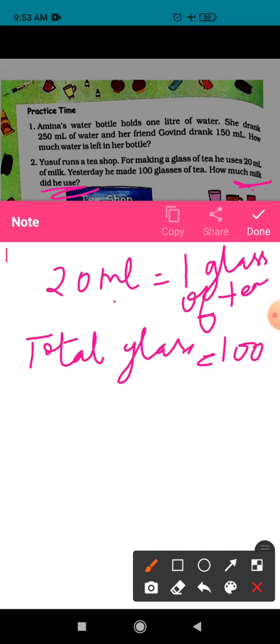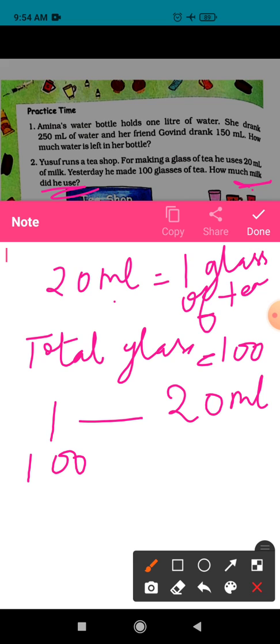So children, you all know for making 1 glass of tea he uses 20 ml of milk. So for making 100 glasses of tea he will use more milk. So what will you do? Yes, you will multiply. So 20 multiplied by 100.